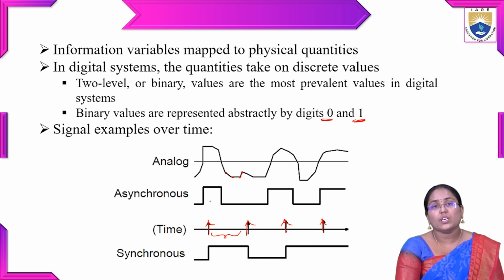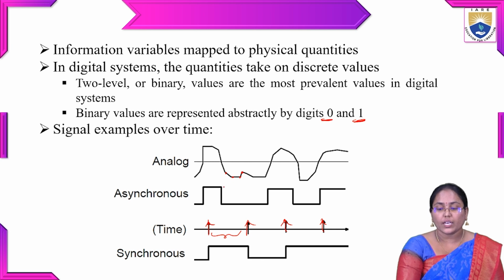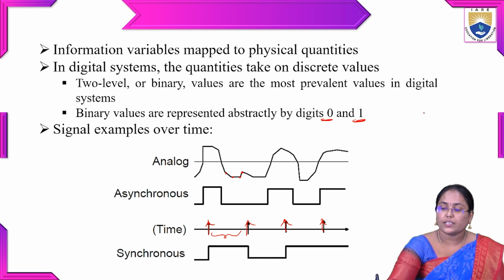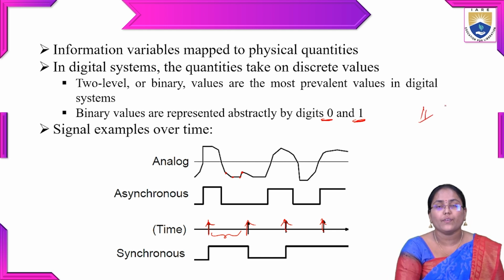Whereas when you move on to the digital system, that is a digital asynchronous system, you can see the change will be only once. Here, if the value is high, directly assign it to 1. If the value is low, assign it to 0.